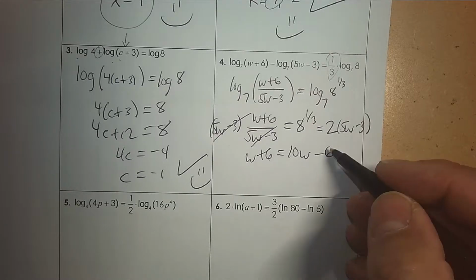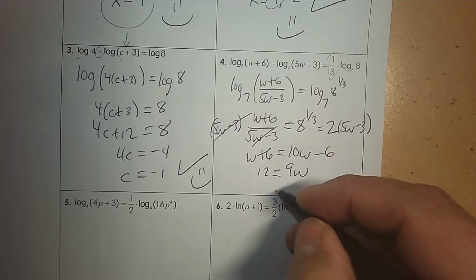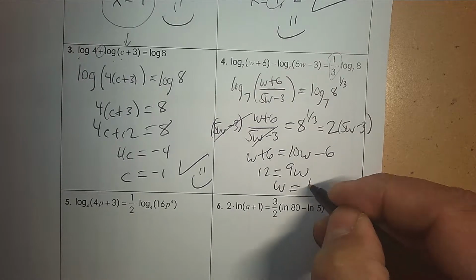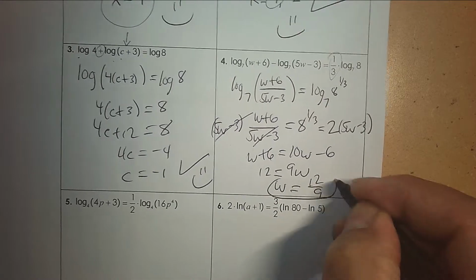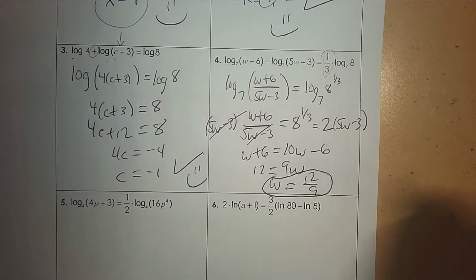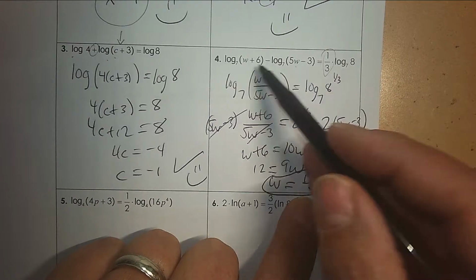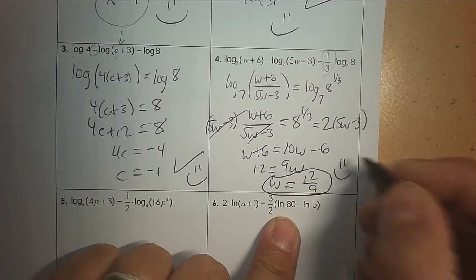So I'm going to add 6, I'm going to take away 1, and then divide. If I put 12 over 9 inside the logarithms, it would give you a positive answer.